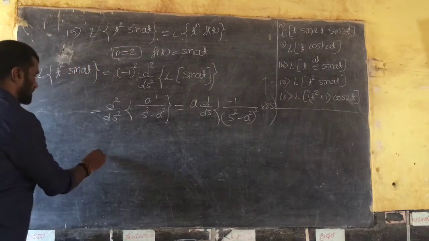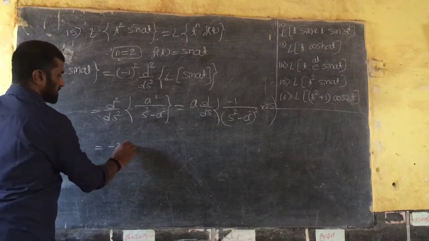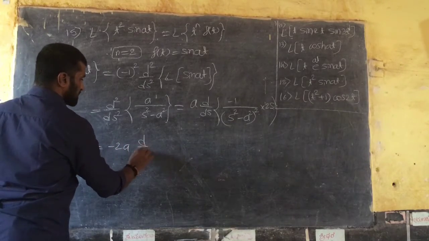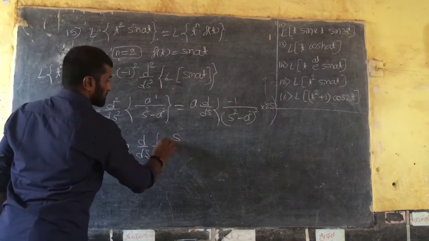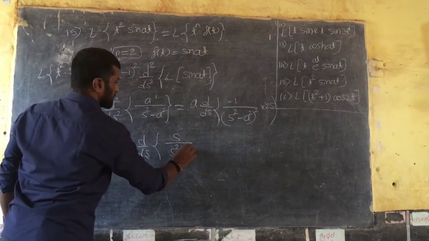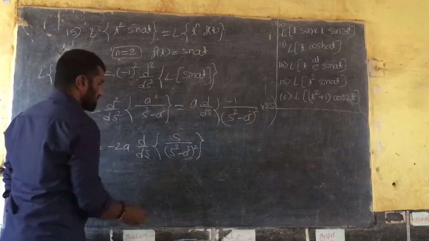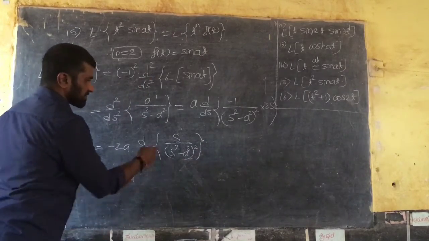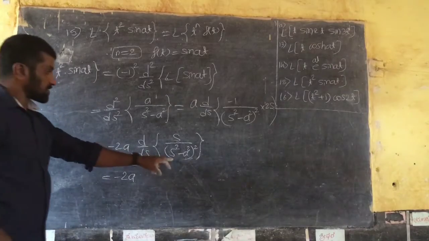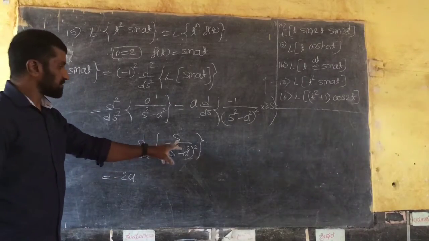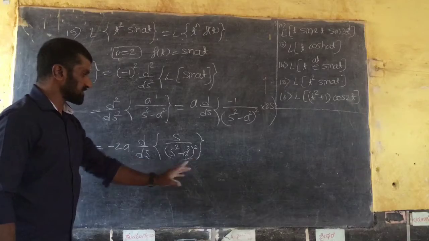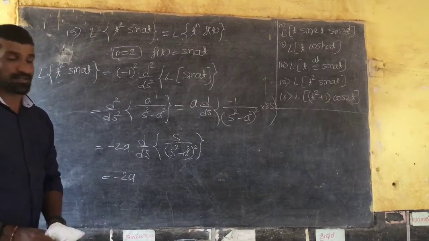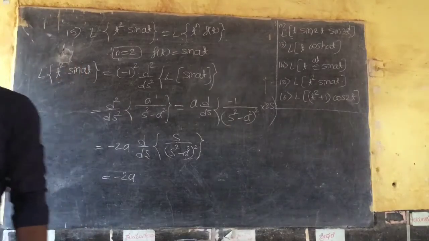A is constant, so minus 2a, take it outside, of d by ds of s divided by s square minus a square whole square. You must apply the u by v form: v as it is, differentiation of s, minus s as it is, differentiation of v, divided by v square. Simplify, that is the answer. This one is complete, 15.